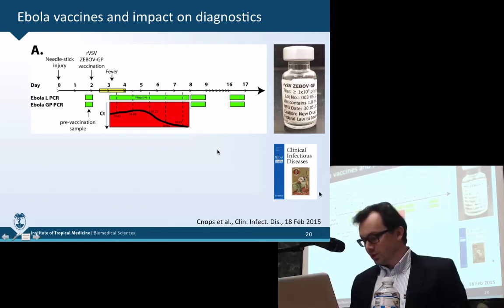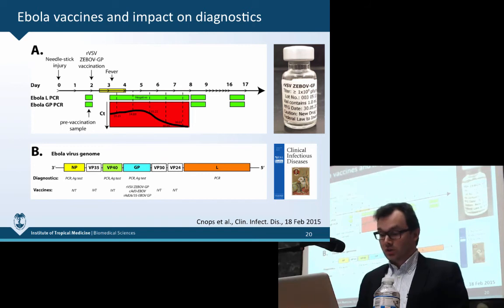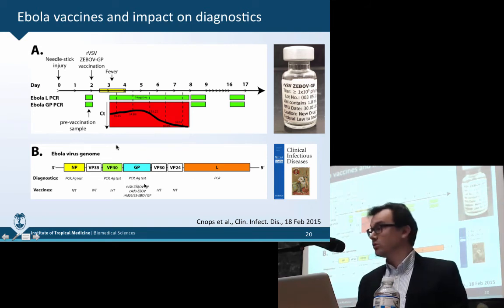So we just published this last week in Clinical Infectious Diseases to re-emphasize the importance of doing a double target PCR, because this is sometimes forgotten, and especially with the vaccine developments ongoing. So the current 3 vaccines, as I said, are all using the glycoprotein or based on the glycoprotein, but glycoprotein is, as I said, we use an in-house PCR, so it's used for diagnostics, but there's also antigen-based tests detecting glycoprotein.